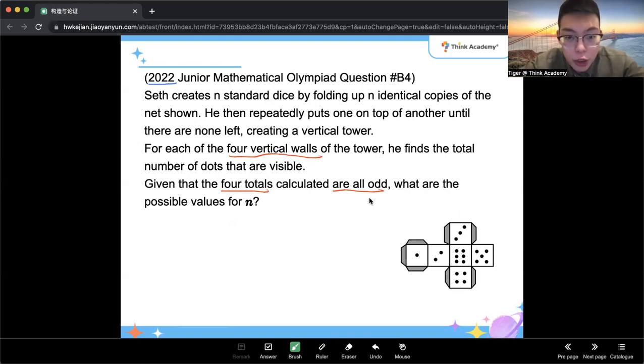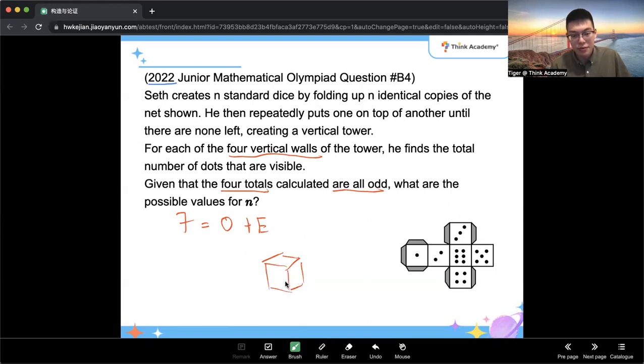So first of all, you need to do a little bit of construction there. Because we know that every 2 opposite faces adds up to 7, right? And if you break 7 into the sum of 2 numbers, it has to be an odd number adding an even number. So it means that for each layer, there's going to be odd, even, odd, even, odd, even.